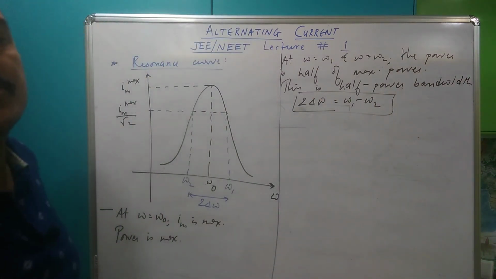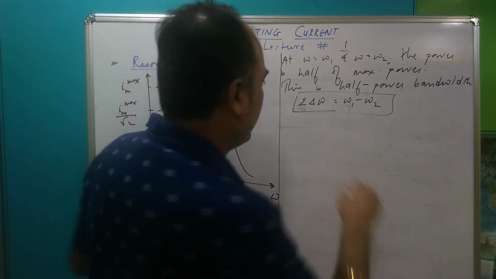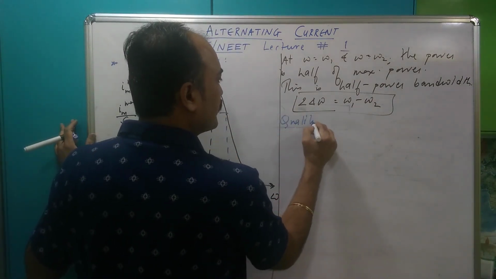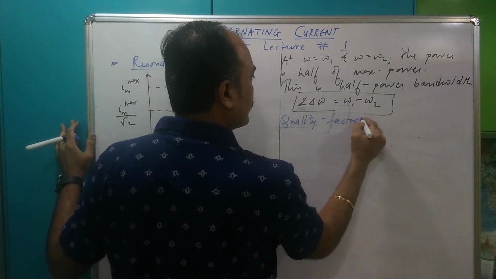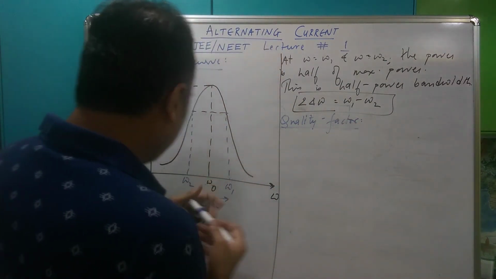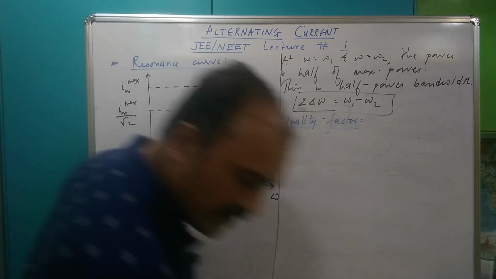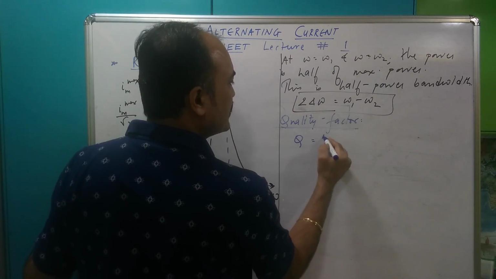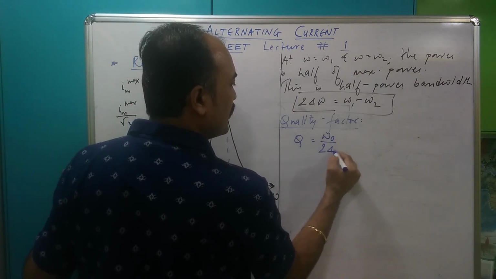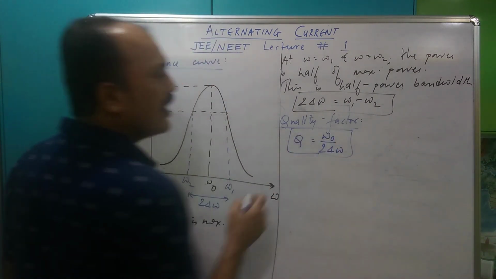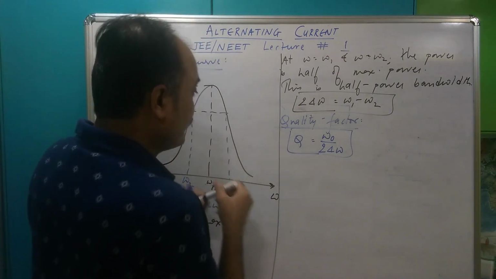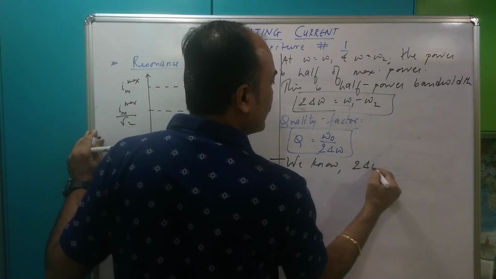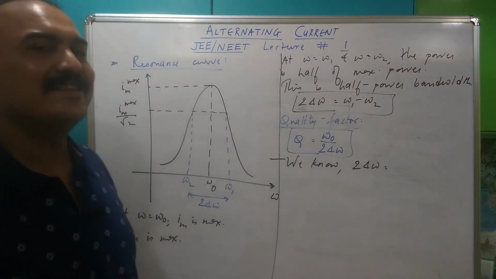And now let me take this opportunity to define Q factor. Q factor, which is called quality factor. Oh my god, the blue has died. We don't have any other options except using this. Q factor, let's see how it works. Yes, this is the ratio of omega 0 by half power bandwidth. And we have derived, we know because we have derived 2 delta omega. कितना था 2 delta omega?